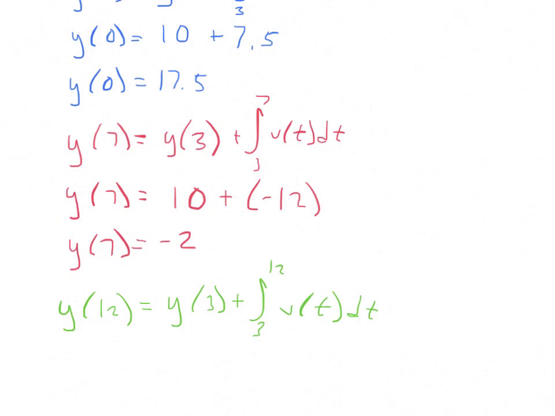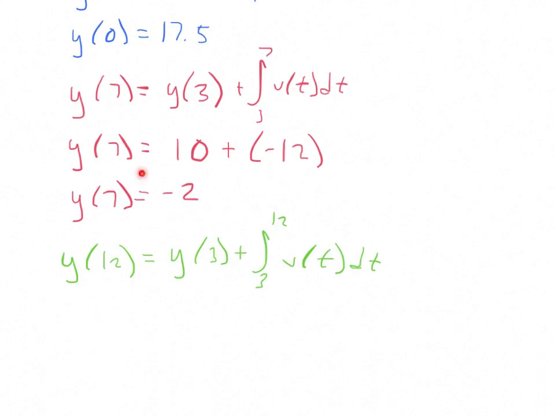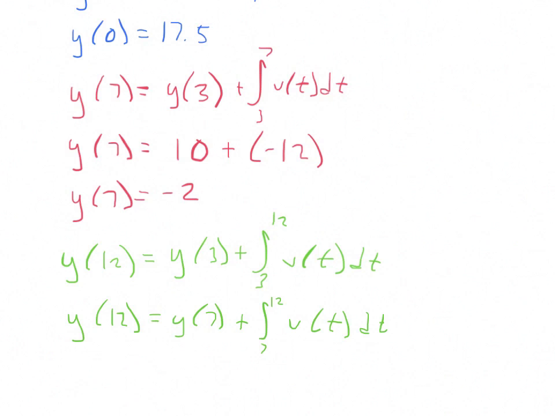Your other option, though, is to say, I just found out what y of 7 was. I could say that y of 12 was y of 7 plus the integral from 7 to 12 of v of t. Either one of them will work. I'm going to go with this one because it leverages the work that we already did.